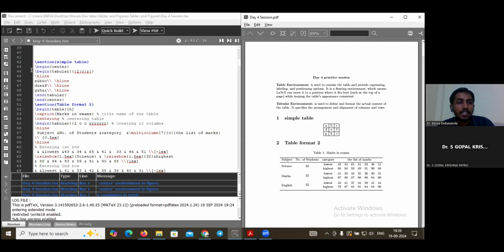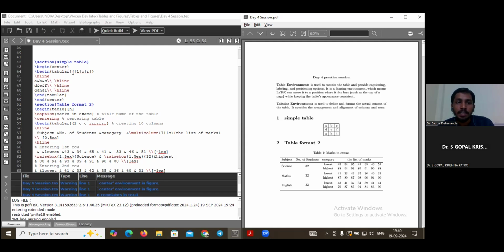Now I have written \begin{tabular} and \end{tabular}. I have discussed two things, one is table, another one is tabular. Since I don't need any captions or other things, I have only written \begin{tabular}.